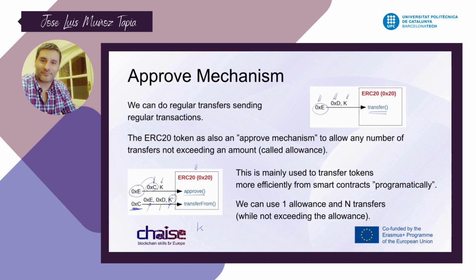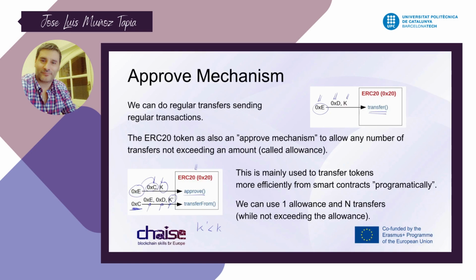Obviously, K prime needs to be less than K. This accounts for how many tokens you are spending, and you cannot spend more than K. And then you put a destination here. Okay, so this is the idea.